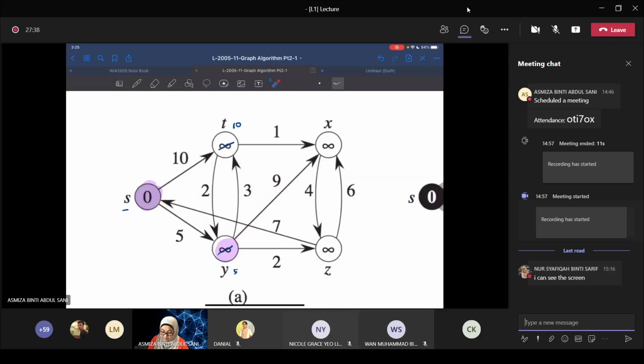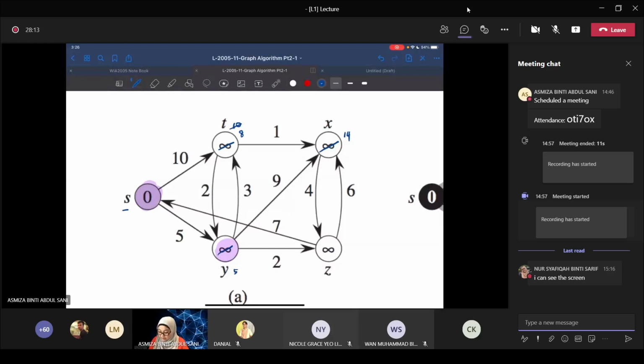So here we can relax it and do the update, the distance of 8. For Y to X, since this is 5 and Y to X is 9 and this is infinity, we can relax this edge and update this. This would become 14, right? 5 plus 9 is 14.